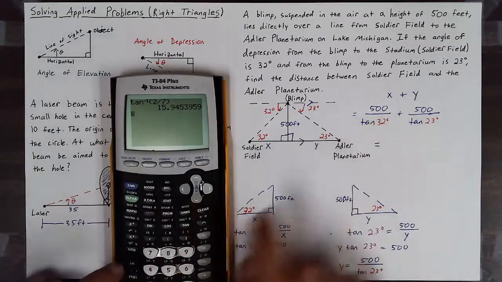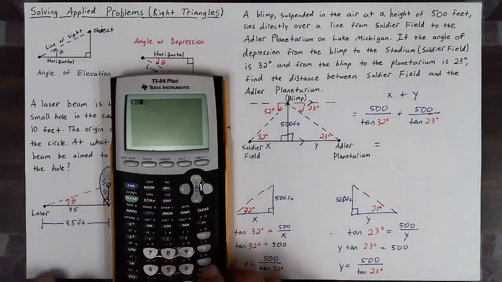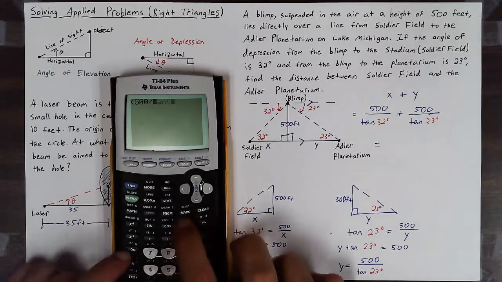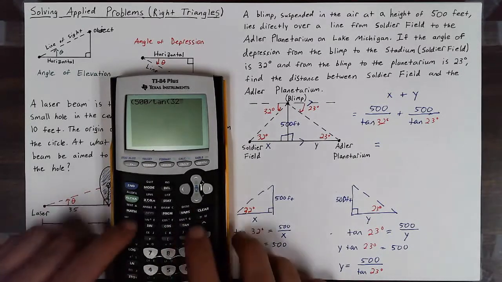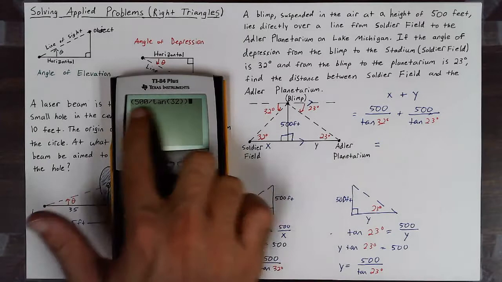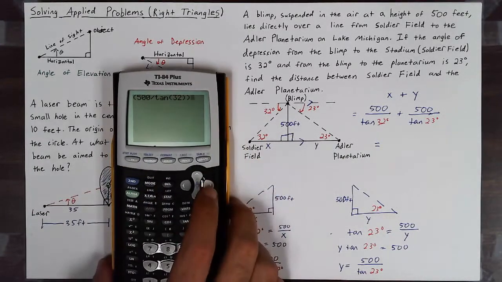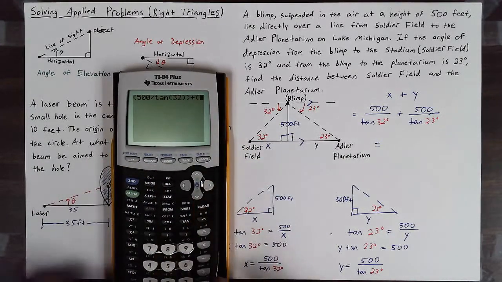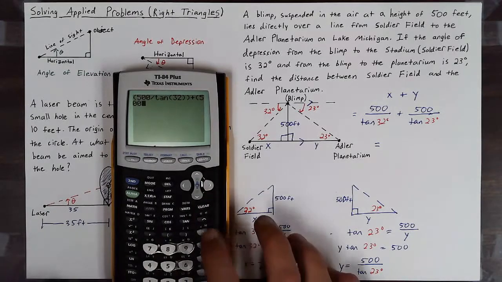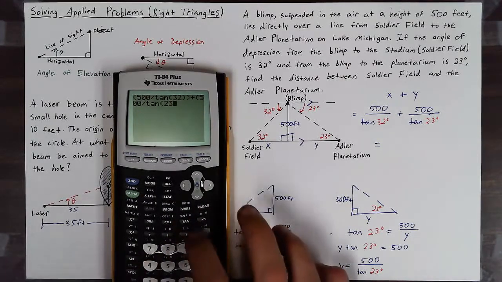So I have 500 divided by the tangent of 32 degrees. So that's one fraction, plus 500 divided by the tangent of 23 degrees.